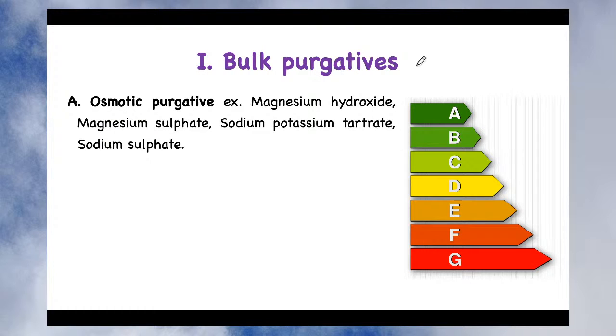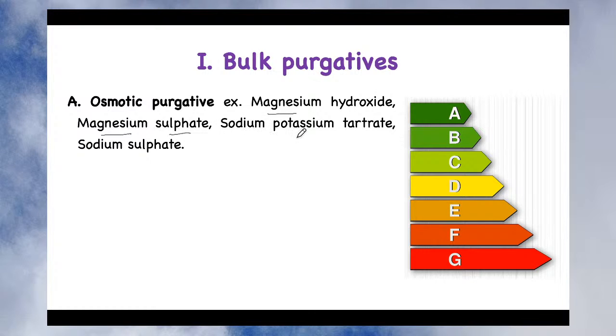But again, this bulk purgative, depending upon its type, has different mechanisms of action. For example, the first subclass of bulk purgative is the osmotic purgative. Examples are magnesium hydroxide and magnesium sulfate. Easy to remember, we have just changed one ion: instead of hydroxide, you have just sulfate, so it becomes magnesium sulfate.